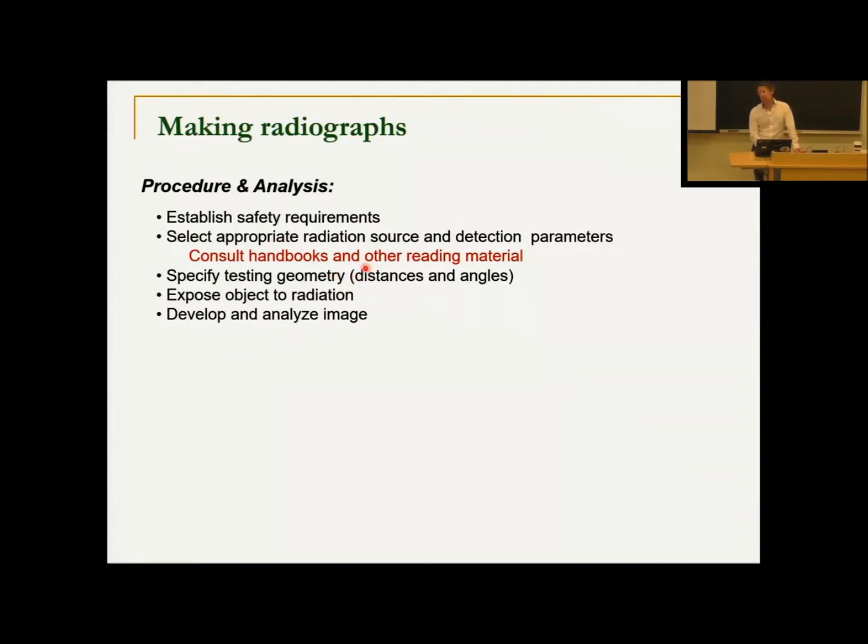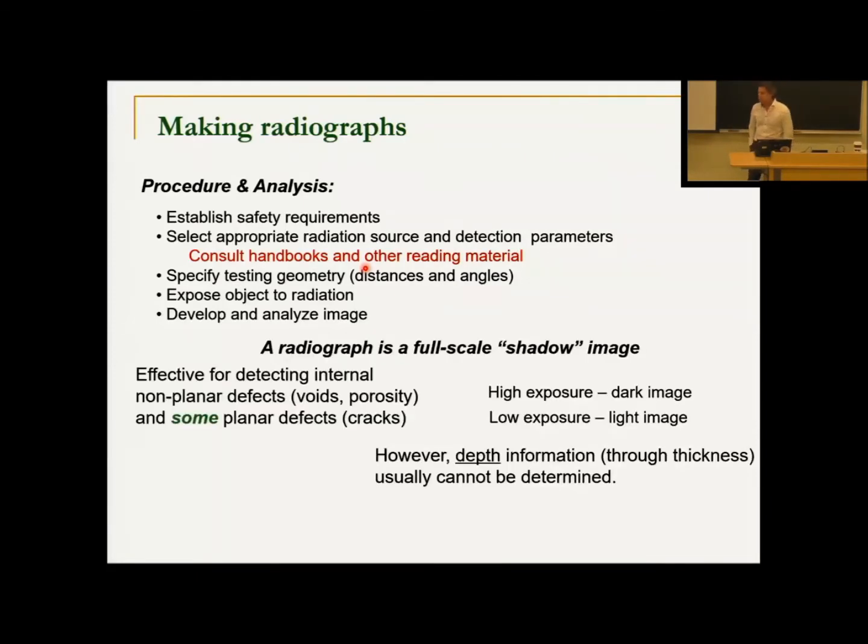Then we expose that to the radiation at a certain intensity for a certain time, and then we create an image from that. And this image is basically a shadow image. Think of light shining through and revealing shadows of different thicknesses and different densities within the material, right?